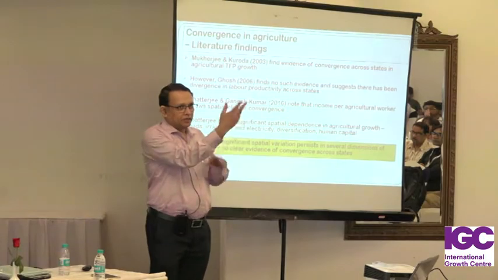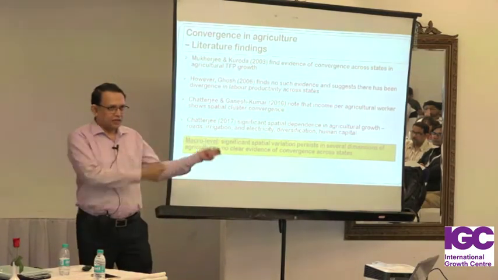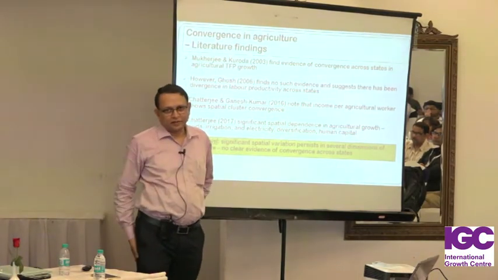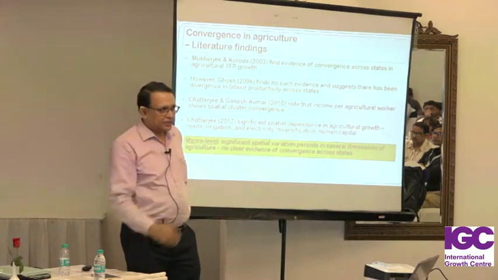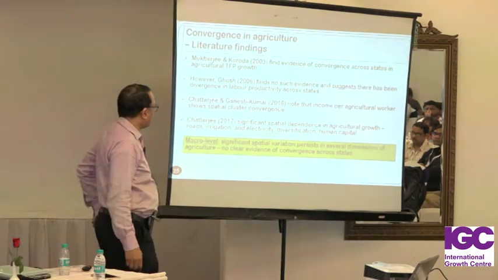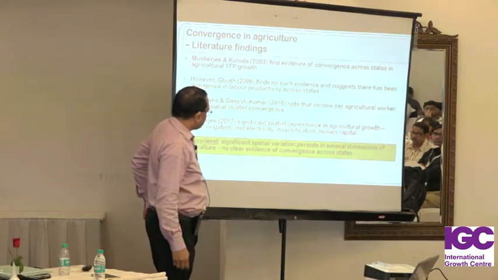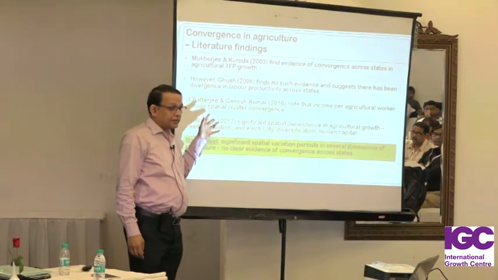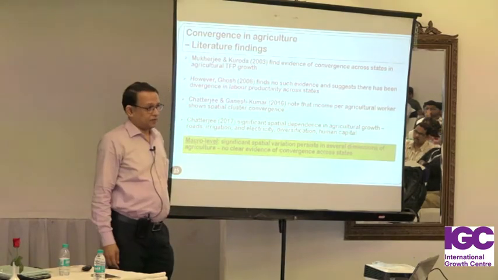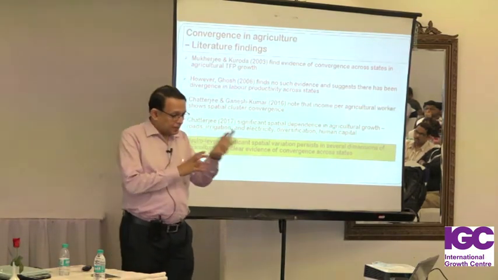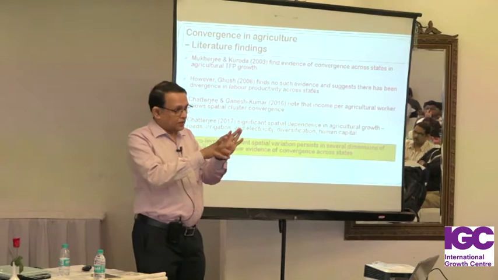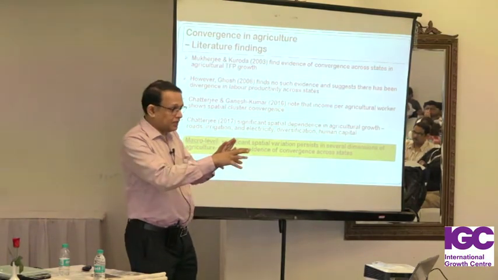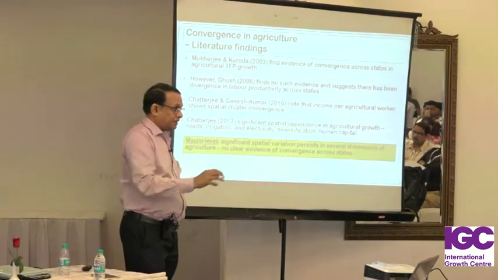So y_i depends on y_j, where i and j are two states. In a nutshell, that is the idea. And so we find that there is spatial dependence in agriculture, meaning that the agriculture performance in one state is influenced by what happens in the next state.